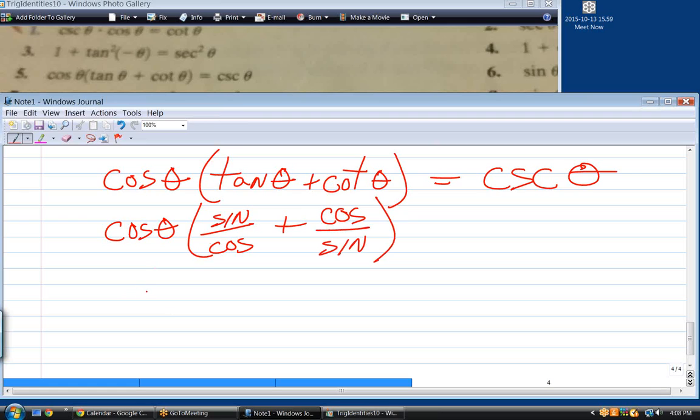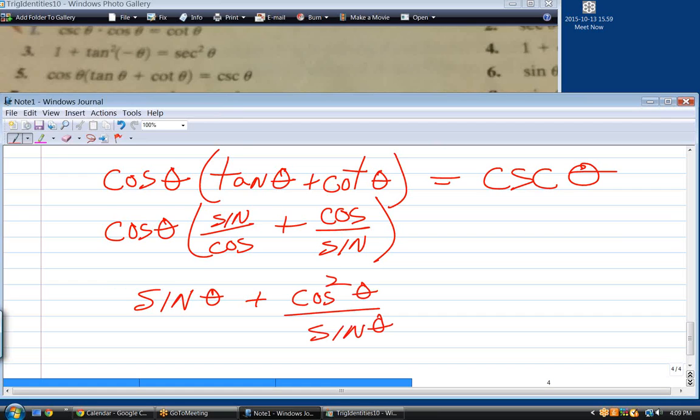It would be sine over sine cosine. Then sine theta plus cosine squared theta over sine. Okay, and somehow that's going to be equal to cosecant of theta.